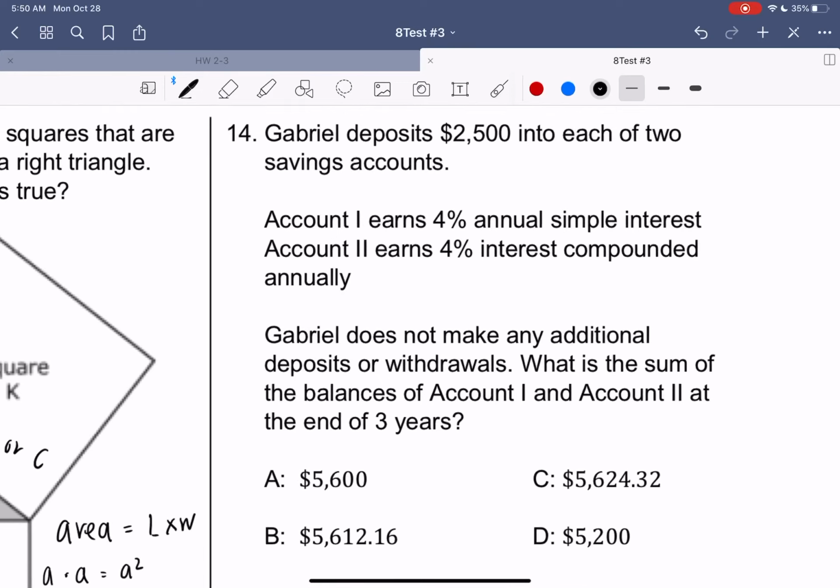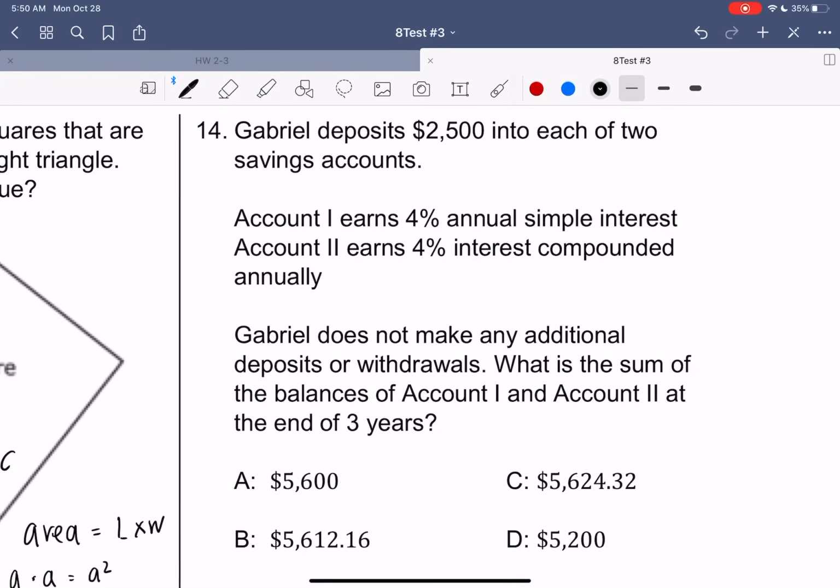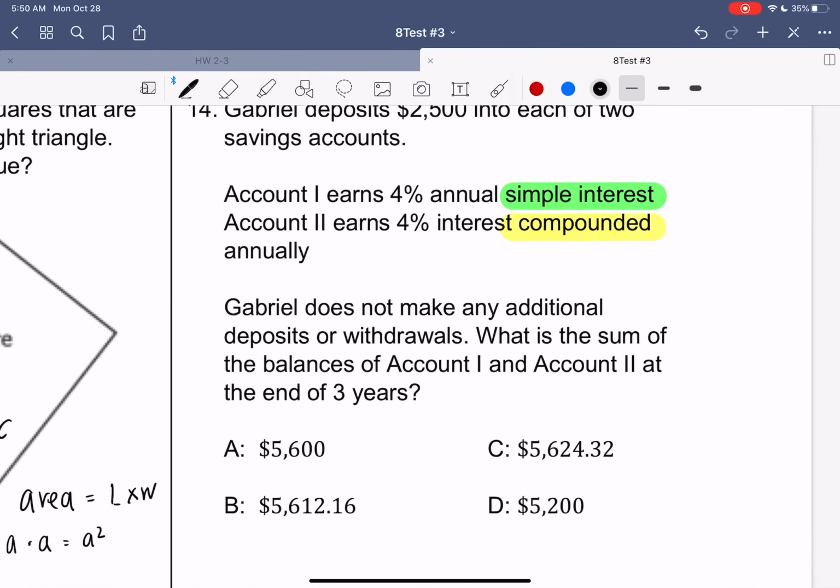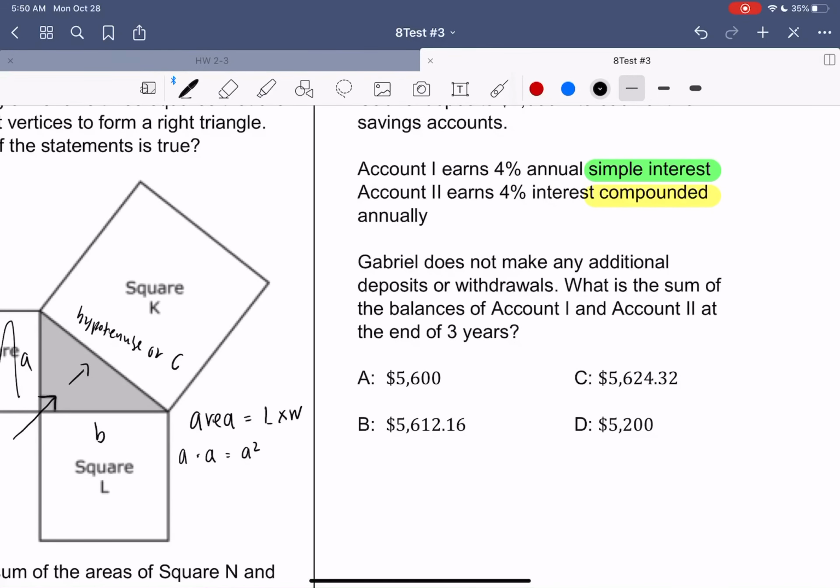And our last problem here says Gabrielle deposits $2,500 into each of two savings accounts. Account 1 earns 4% annual simple interest, and account 2 earns 4% interest compounded annually. So we have simple and compound. So I'm going to go ahead and draw that box that I had earlier, a little bigger.